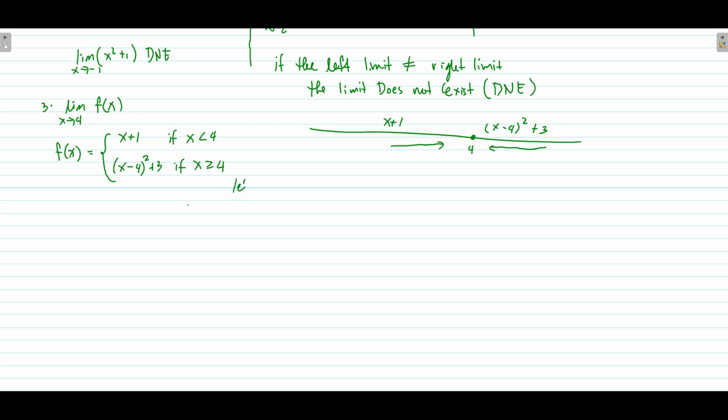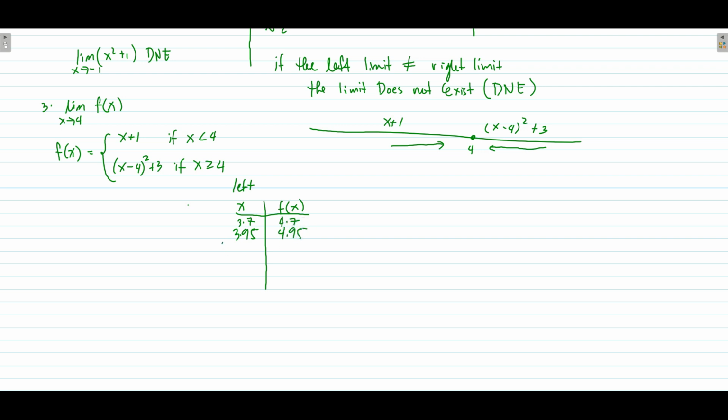So, from the left, gawa tayo ng table x and the function. Remember, ang gagamitin natin function dito ay ito, x plus 1. So, from the left, mga values, pwede natin gamitin is 3, 3.5, mga ganun. So, let's start with 3.7 para malapit na. 3.7 plus 1, that's 4.7. 3.95 plus 1 is 4.95.